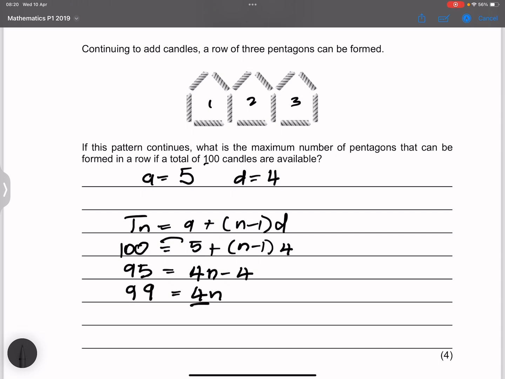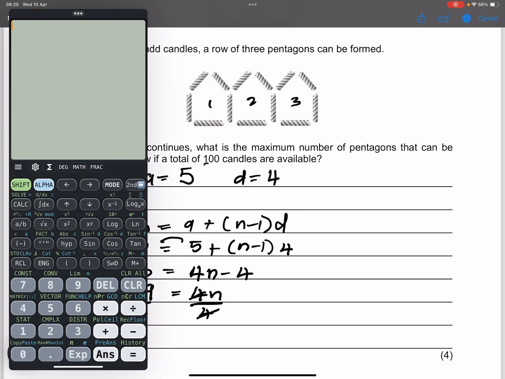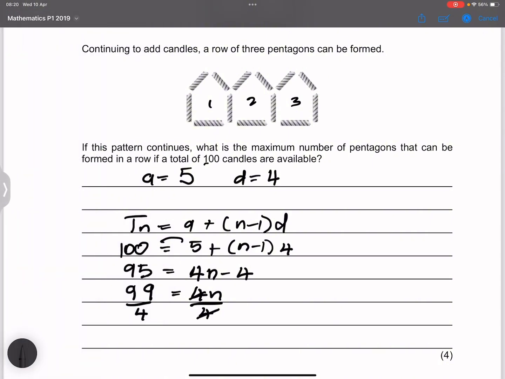If we divide by 4 on both sides, that's 99 divided by 4. We get 24.75, so n is 24.75. So really, what's the maximum number of pentagons that we can make?